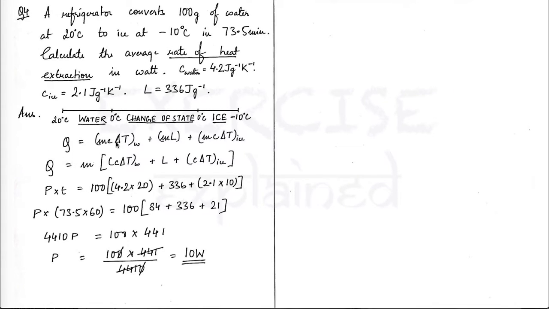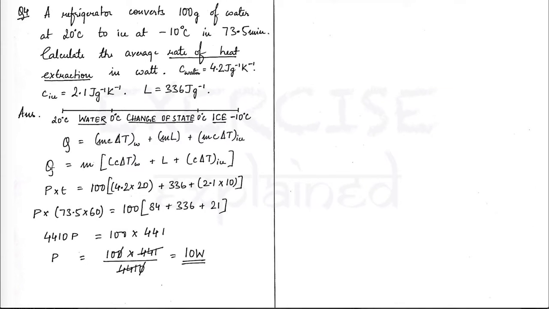So Q is equal to M, taken common from all these three because the mass remains the same, 100 gram of water continues. So we get C delta T plus L plus C delta T. The first C delta T is for water and the last one is for ice. Now power is work done by time, which is nothing but heat by time.